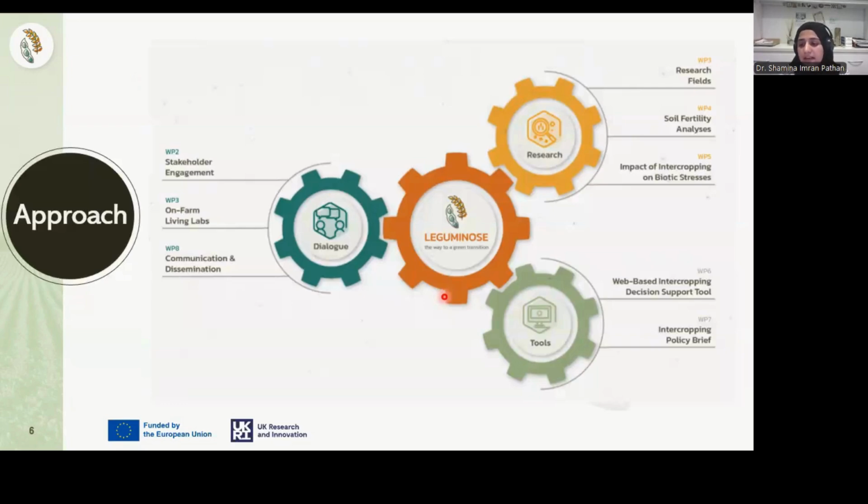They answer individual questions and topics. The work packages are divided into 3 clusters: research, creation of tools, and dialogues. So these are the 3 main components of our project: research, tools, and dialogue.